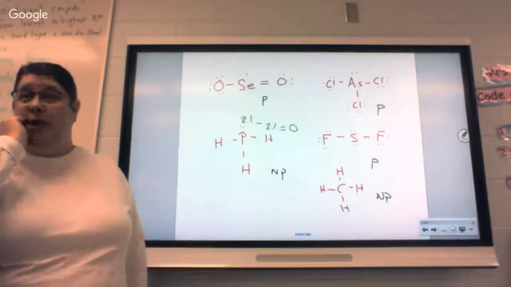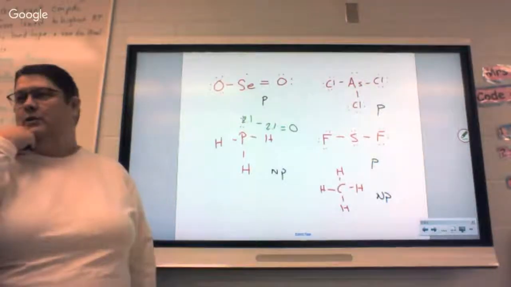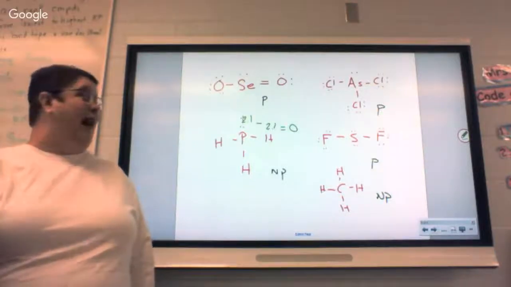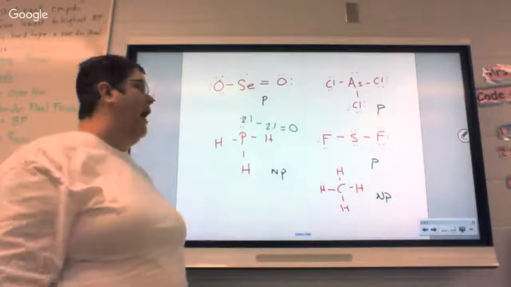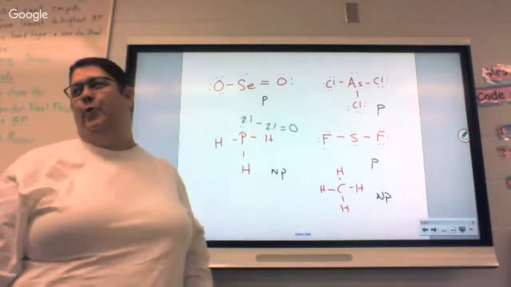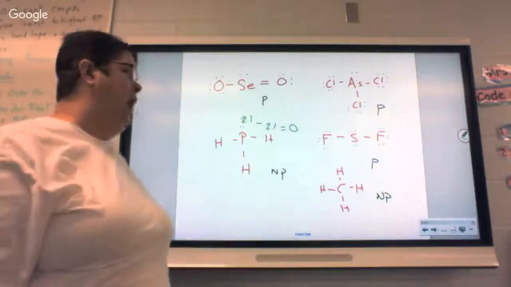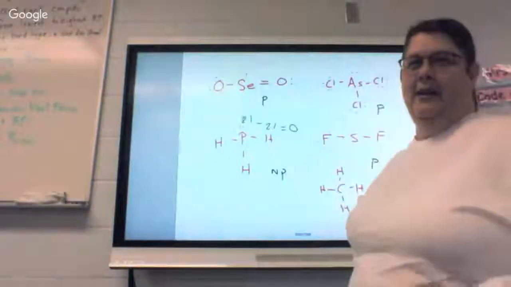In order for it to be polar, there has to actually be an electronegativity difference. It has to have a dipole, exactly. And there is no dipole there. Now, I'm pretty sure I did not put any weird exceptions on the test. I'm pretty sure I was pretty kind, and I didn't put anything strange on the test.